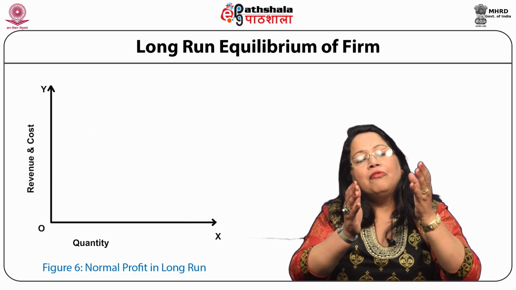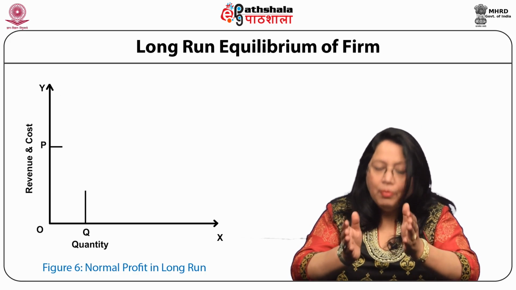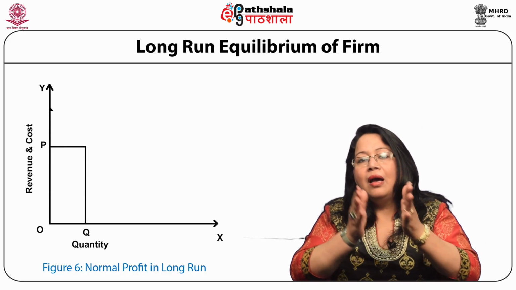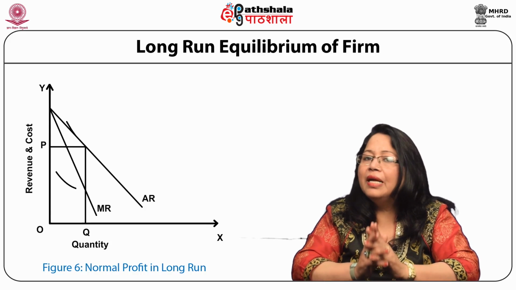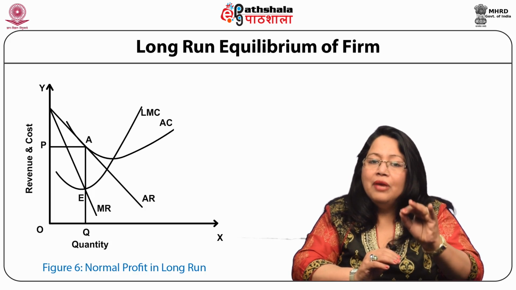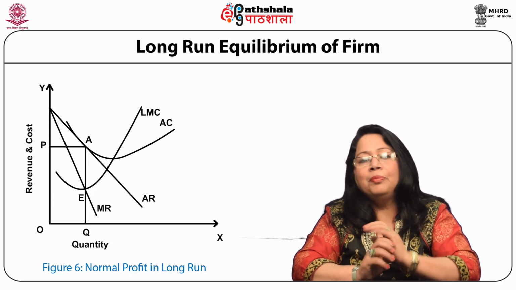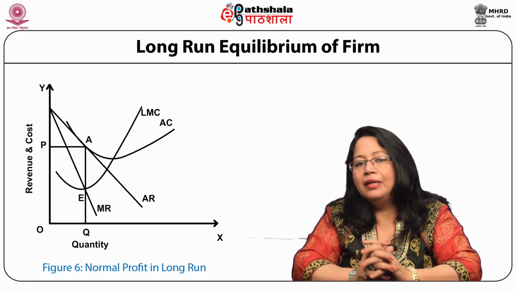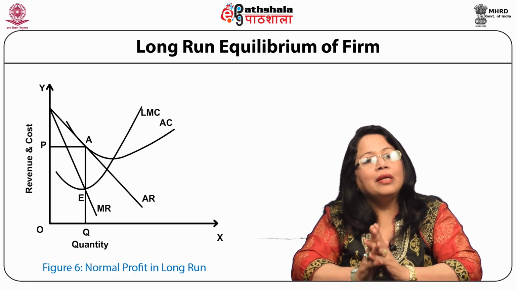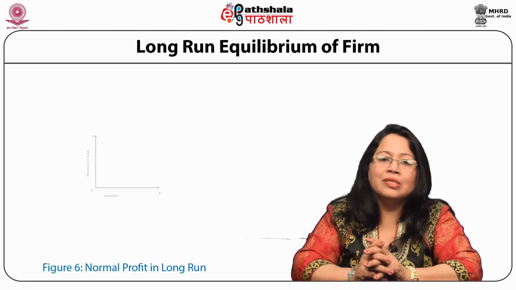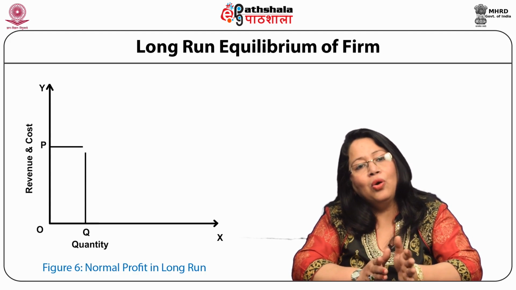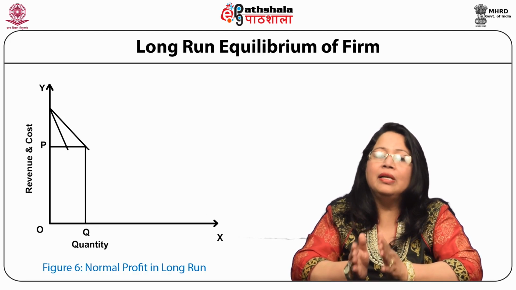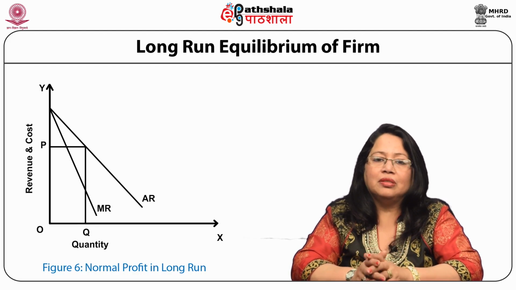Here, the firm is getting normal profit as average revenue is equal to average cost, that is AQ. If there is supernormal profit, new firms will enter the market, or if firms are incurring losses, then they will leave the group. So, in the long run, each firm will get normal profit.